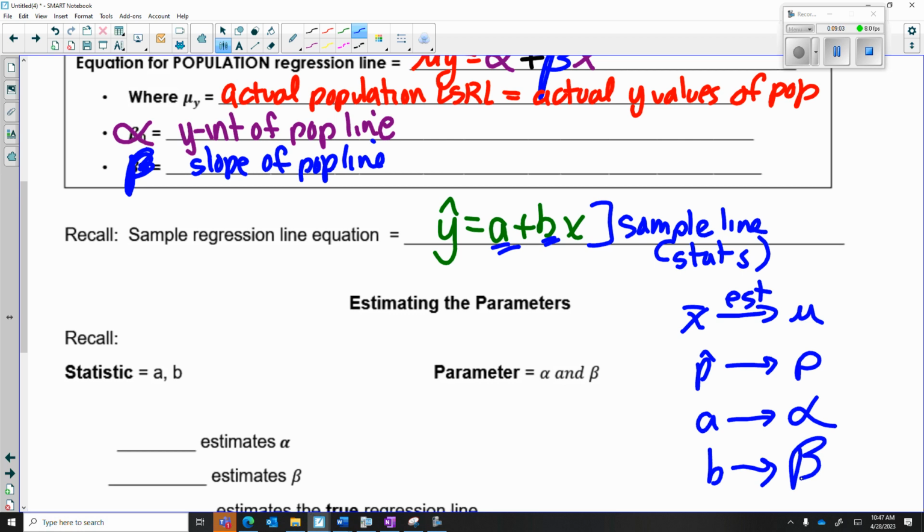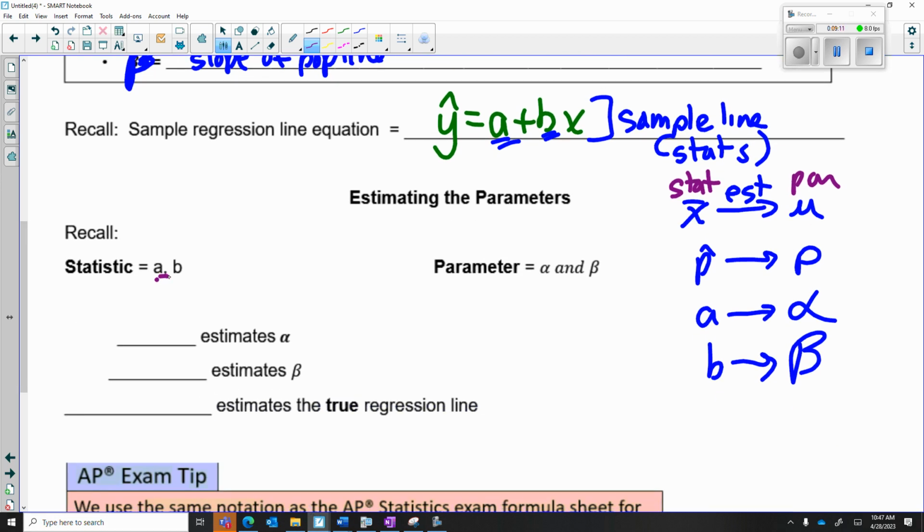So this is like sample statistics, population parameters. It's the same concept over and over and over again this year. So little a is a statistic that estimates alpha, and little b is a statistic for the slope that estimates beta. So this is y-intercept, and this is slope. And then the sample y hat estimates the true regression line. So again, it's all about inference.